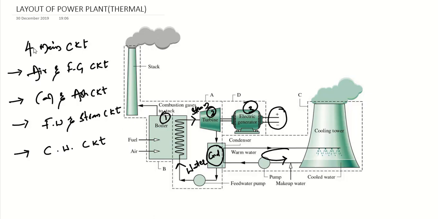The raw water absorbs the heat from the condenser, and the steam is converted into water, and the same water is fed to the boiler through the boiler feeding pump. In between, the water that we are feeding into the boiler is heated from the extractions coming from the turbine.